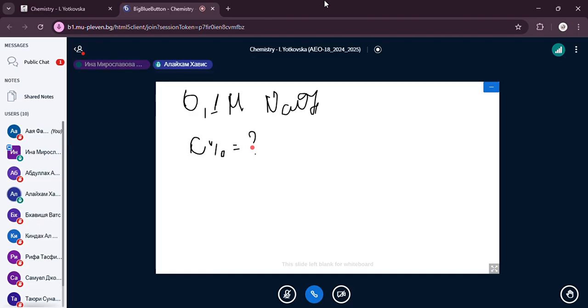Isn't it going to be 4% because it was 4 grams in 1 liter of solution? Write down. It's unlocked.